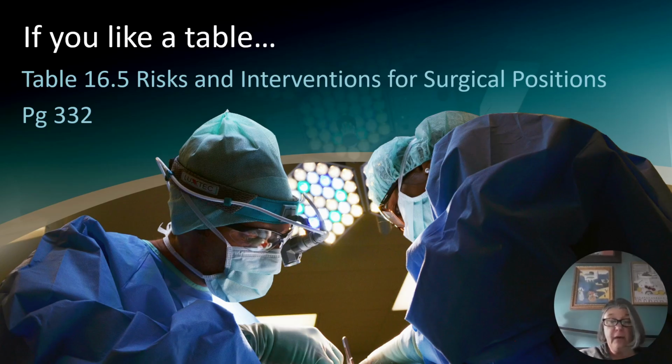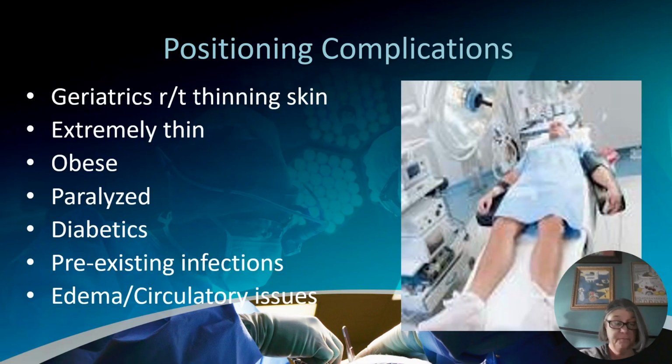This is a table on page 332, table 16.5, risks and interventions for surgical positions. Positioning complications. So our older people, right, are always at risk for skin breakdown. Our very thin people are at risk for skin breakdown. Just as we talked about earlier, our obese people are at risk for breakdown.